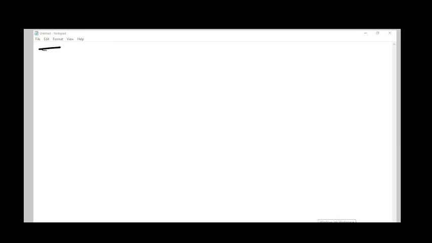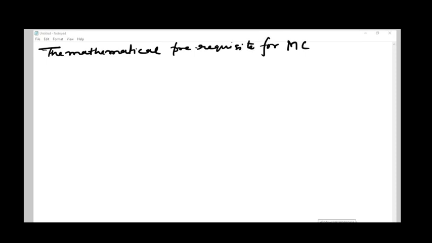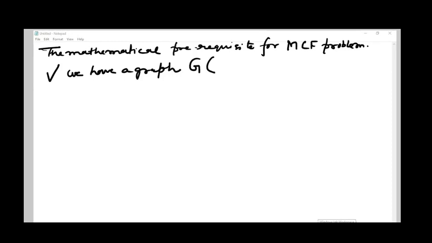The mathematical prerequisites for the min cost flow problem. What are the mathematical notations you should know? First thing is that we have a graph G, which consists of nodes and edges.